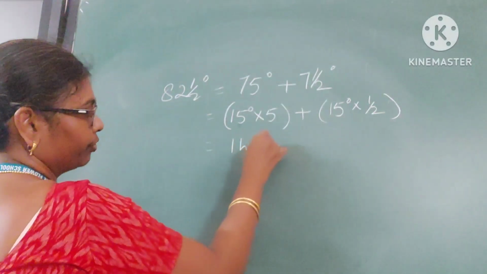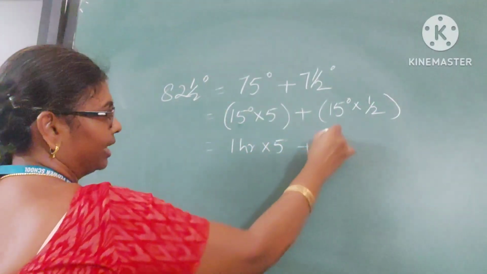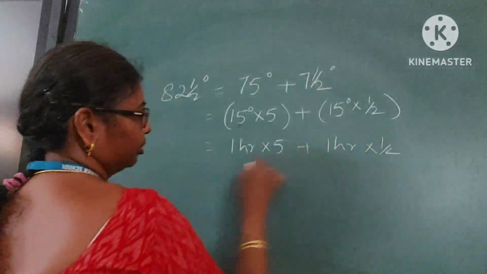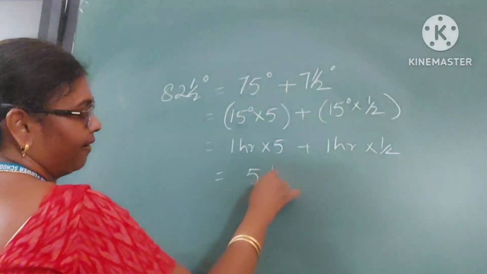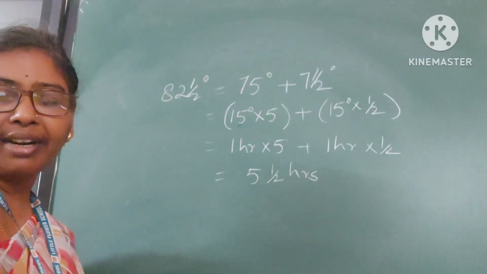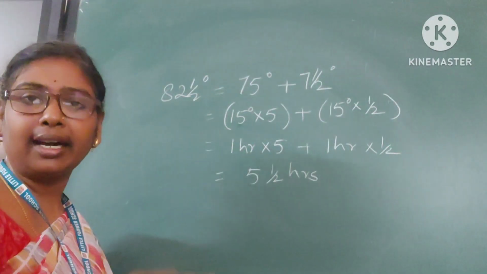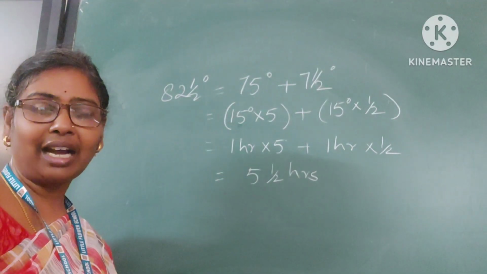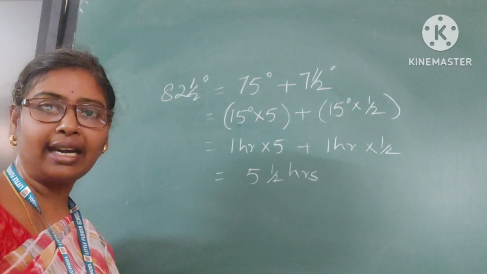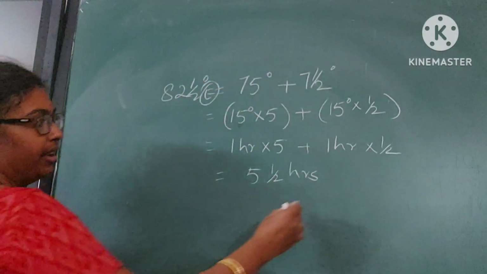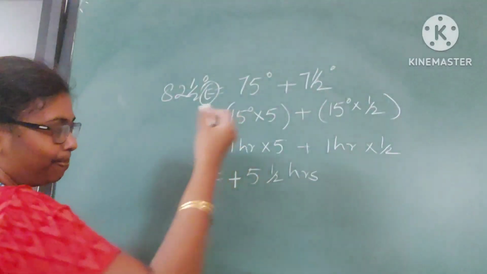So 1 hour into 5 plus 1 hour into half. The total is 5.5 hours. 5.5 hours is our standard time, and since we are on the eastern side, it is 5.5 hours plus.